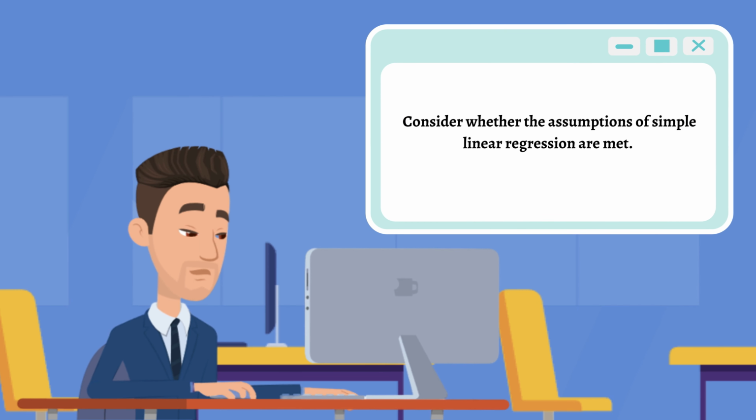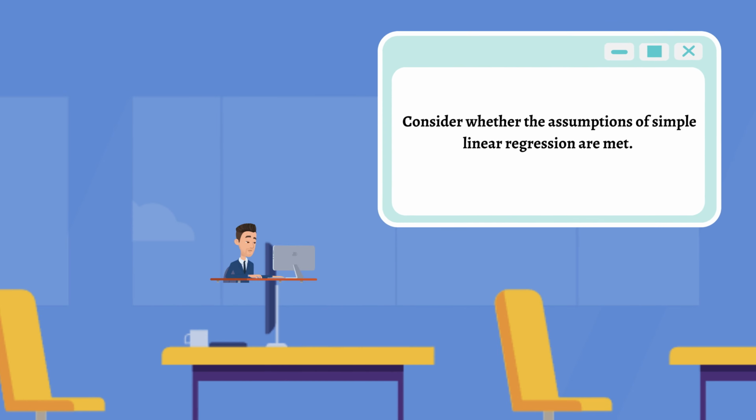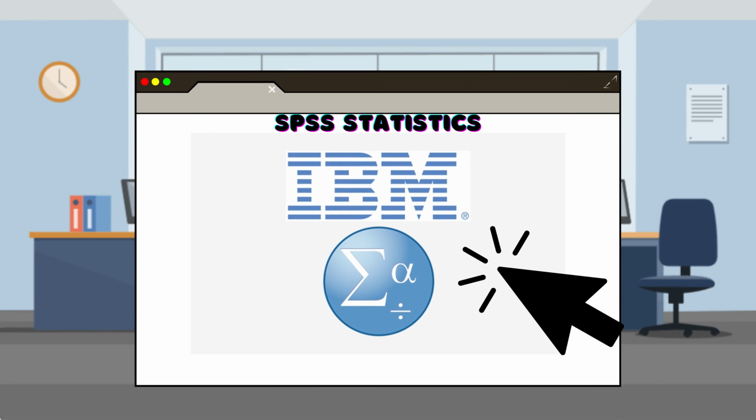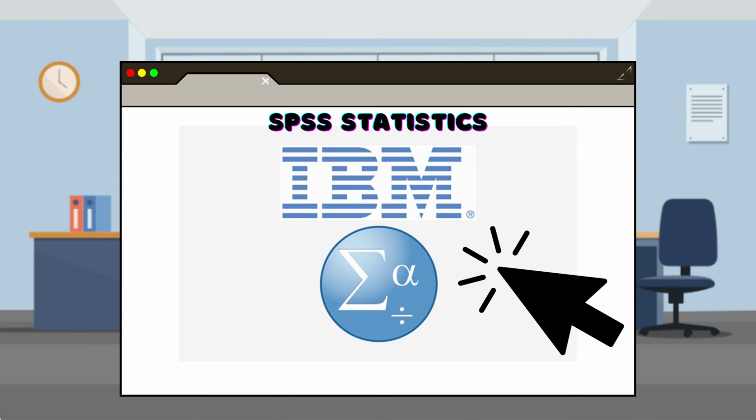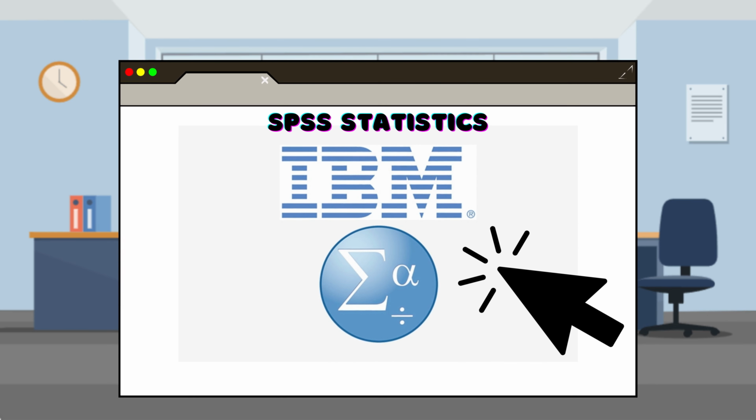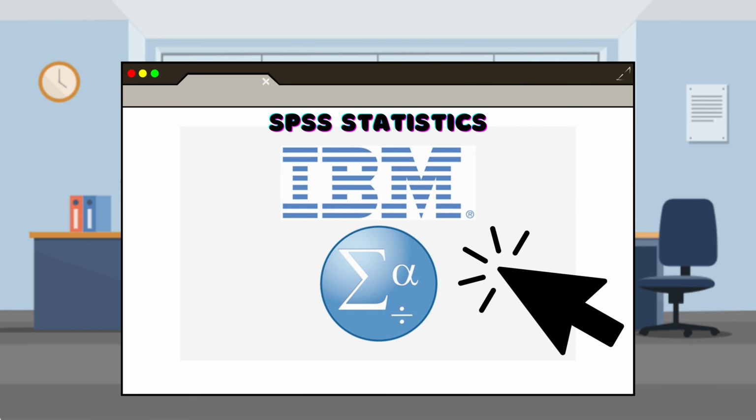Third, consider whether the assumptions of simple linear regression are met. These are the assumptions that need to be considered. As for this, he uses the SPSS to further test the relationship between the given variables and run the data to come up with the appropriate result.